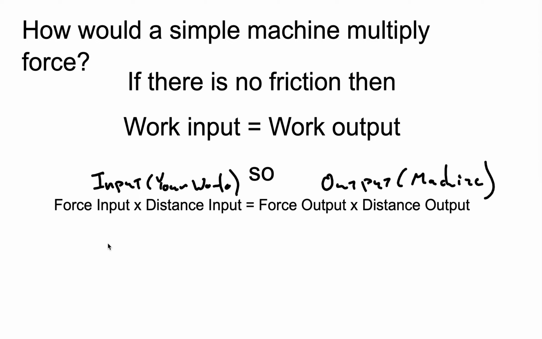I want this F to be little, and this F to be bigger. This is the weight of a motor, and this is me applying a force to lift that motor. So if I want this F, my input force, to be smaller, then what has to be bigger? My input distance.